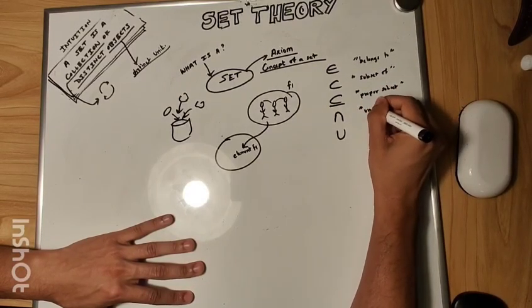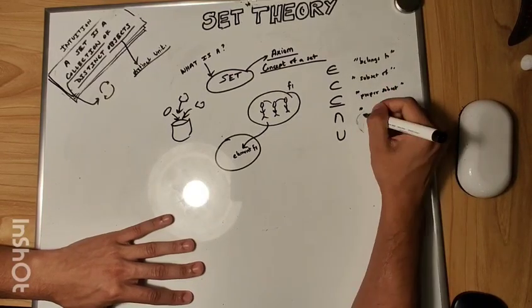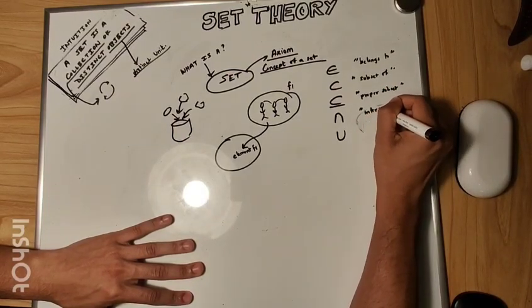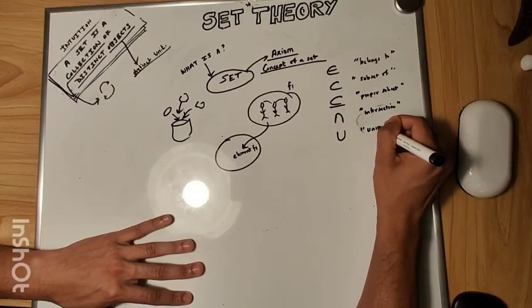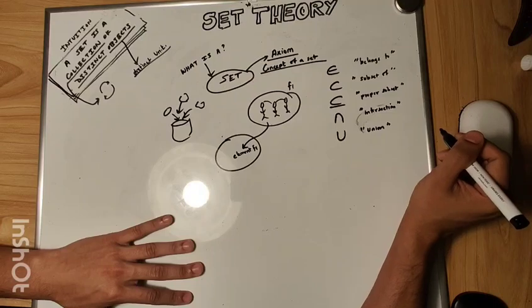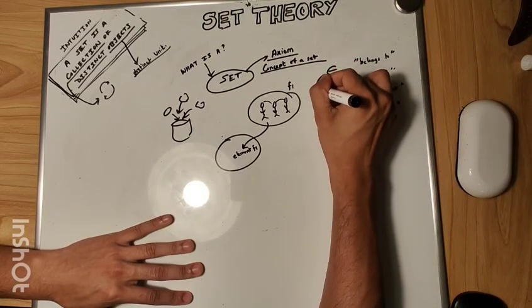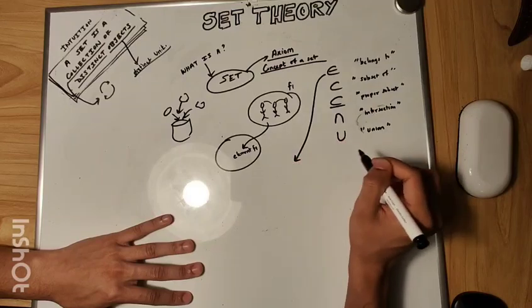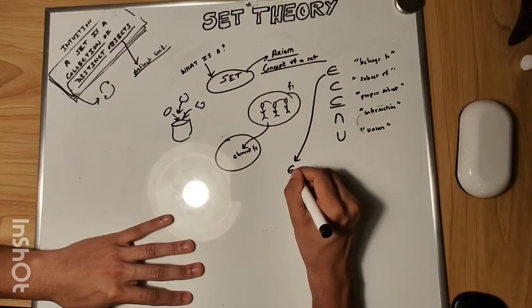This is the union, this is the intersection symbol. And this is the union symbol. So I think we can start with the most basic and the most important symbol, belongs to.